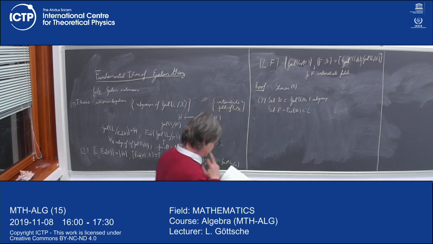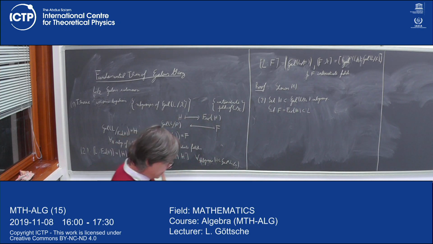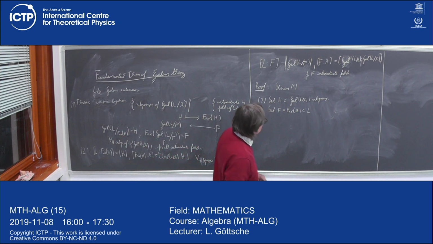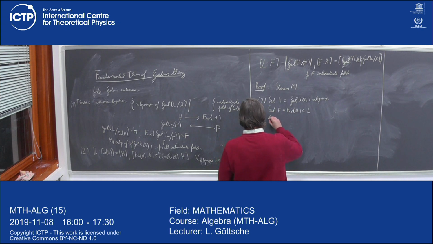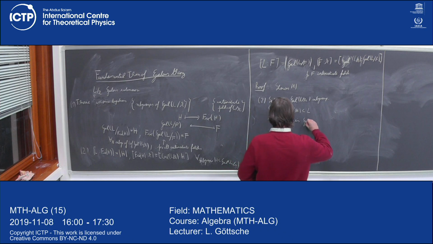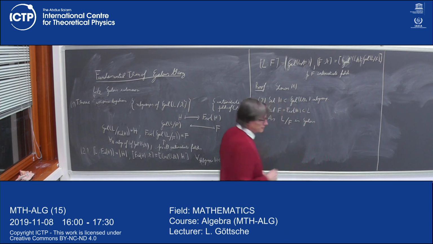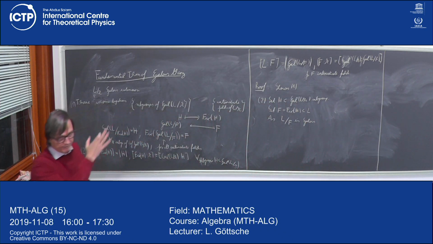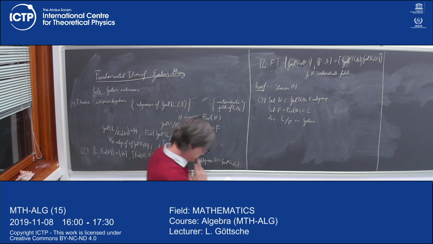So some intermediate field. We have seen before in the proof, but it's anyway almost obvious, that the field extension L over F is a Galois extension. We know that for any intermediate field, the big field over the intermediate field is Galois.